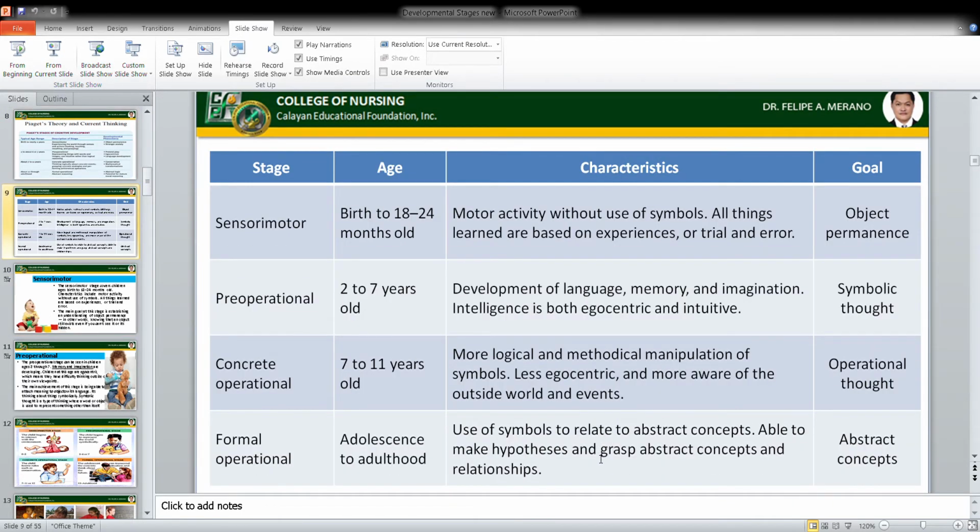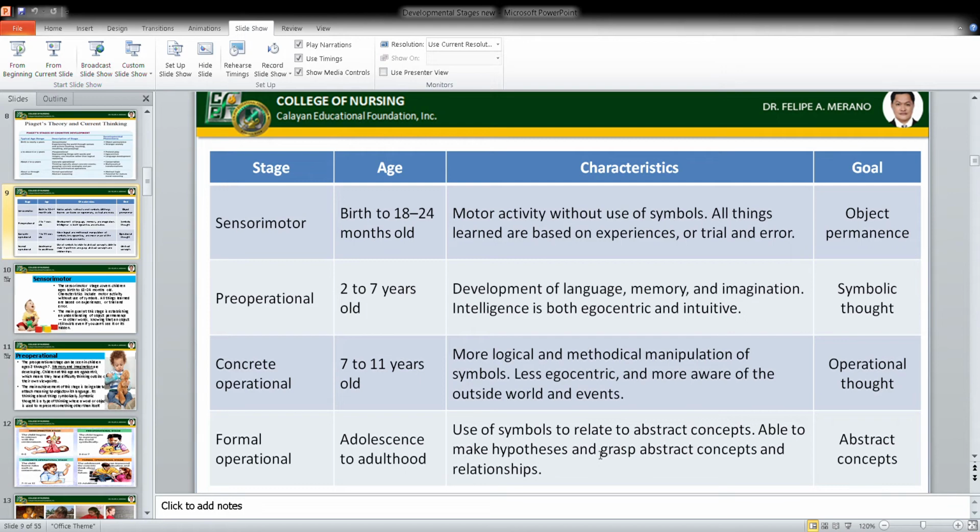So next is formal operational. This is adolescence to adult at this level or stage. Use of symbols to relate to abstract concept, able to make hypotheses and grasp abstract concept and relationship. So abstract reasoning is the best thing that could ever happen to a person in formal operational.